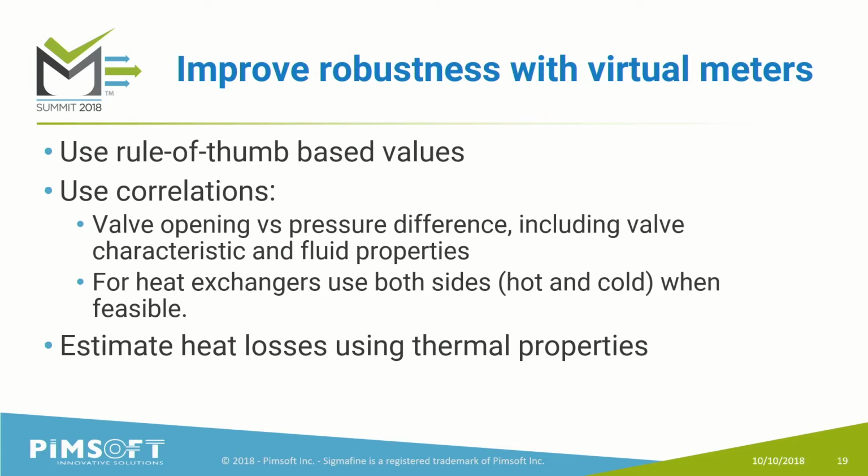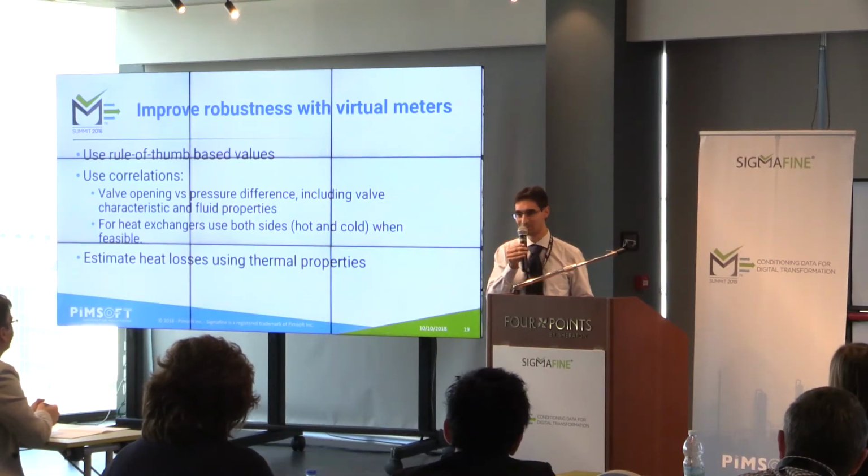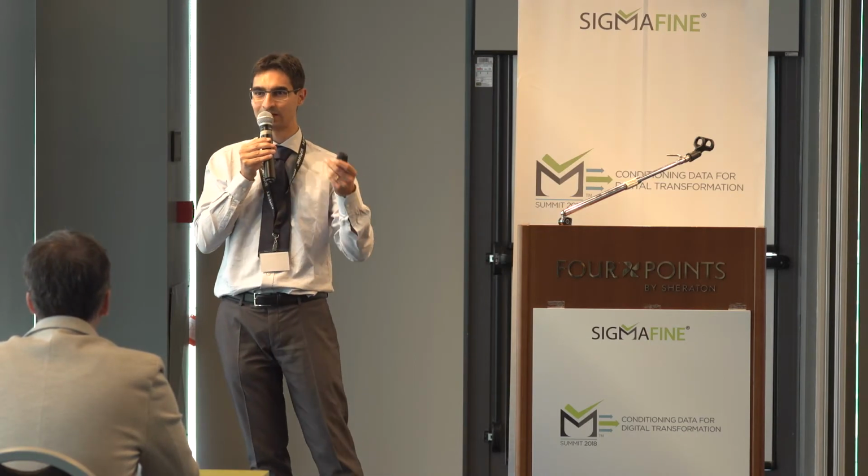Other ways to improve the Sigmafine model in an unattended way is to improve the redundancy of the model. We have seen also in the presentation before done by Katia and Isabel how important was and the effect of adding a meter to improve the overall redundancy of the model.